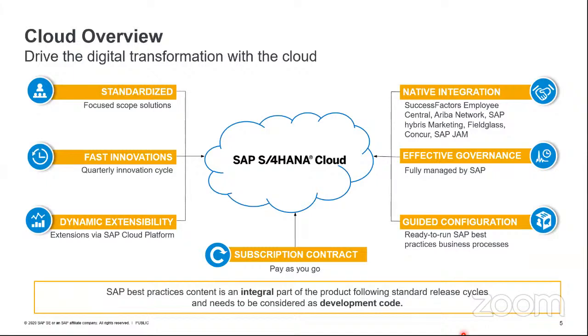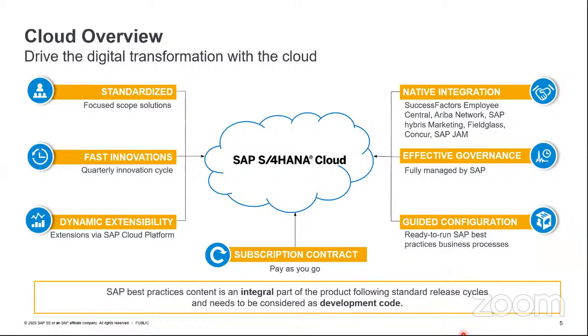They decide what they want, and they pay for what is actually required by them. So the problems with shelfware and things like that would definitely go away with this. I go to many customers who say, okay, I have this shelfware, I want to just check it off, we are no longer using it, it's not required anymore. In S4HANA Cloud, when we go with the subscription contract model, you pay only for those things which you use.